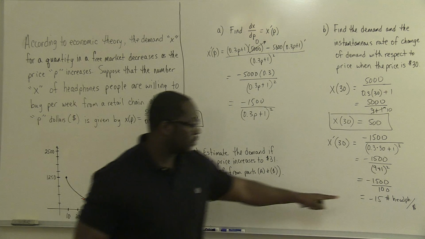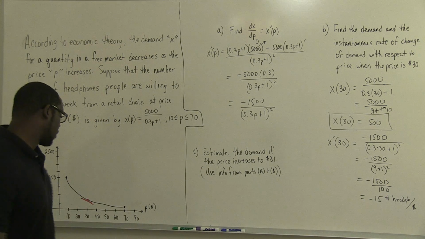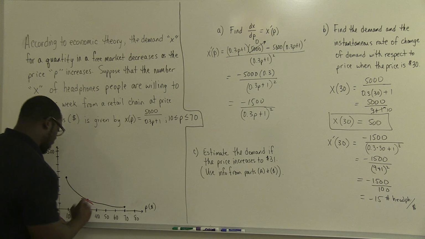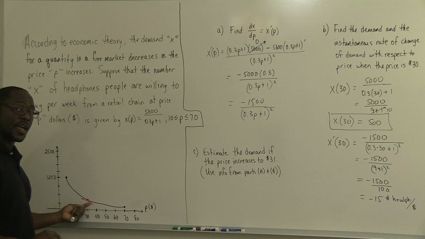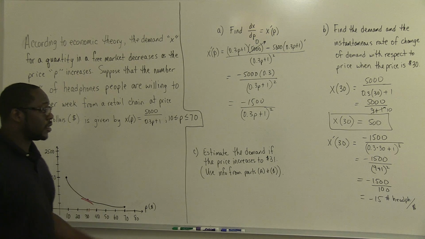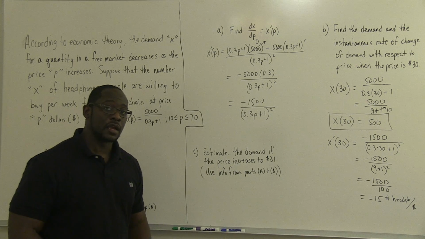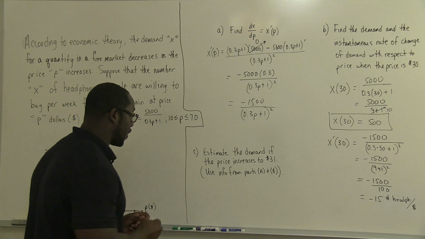What we found is the slope of the tangent line. This question is asking whether, if we went from $30 to $31, we could use this line to estimate what the new demand is going to be. Remember, this is only an estimate.